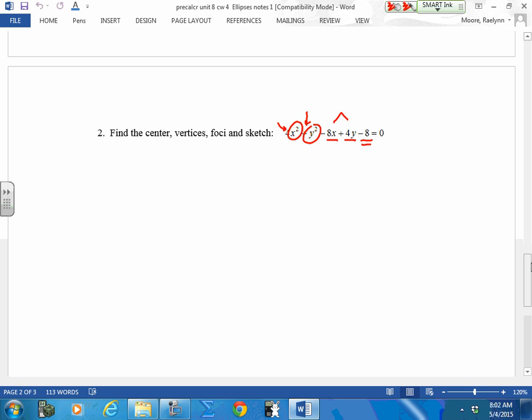So we know this is going to be an ellipse. So put your x's together, leave a space. Put your y's together, leave a space. Move the 8 to the other side. And leave 2 spaces. If we complete the square twice, we have to leave 2 spaces.